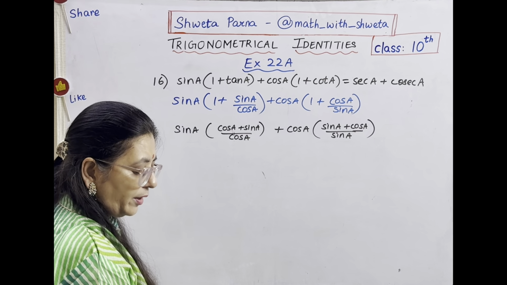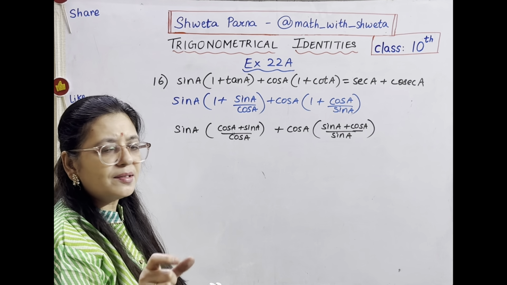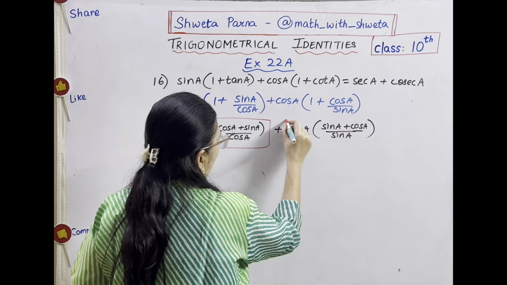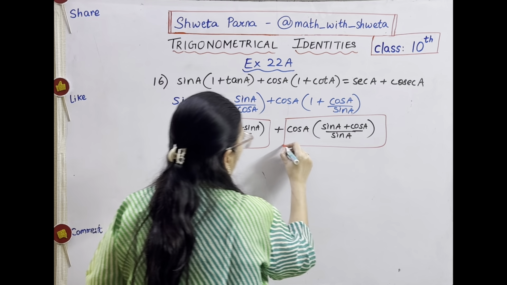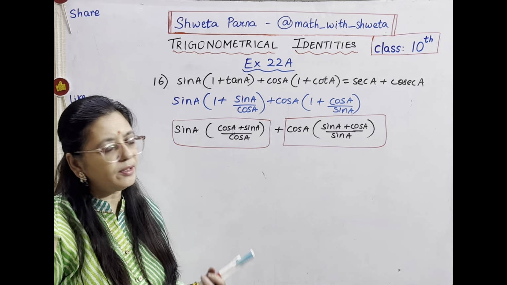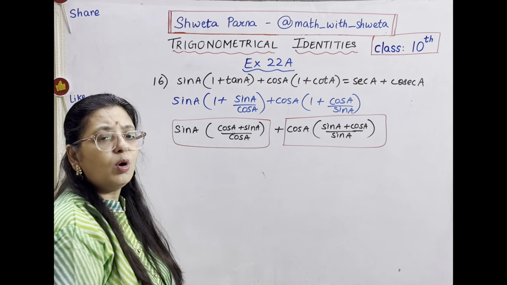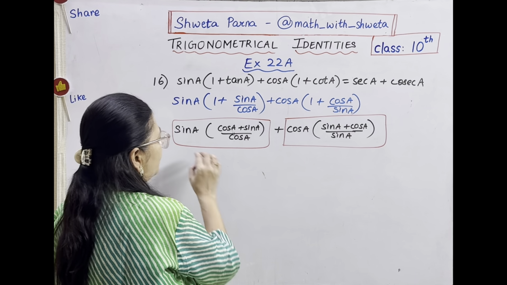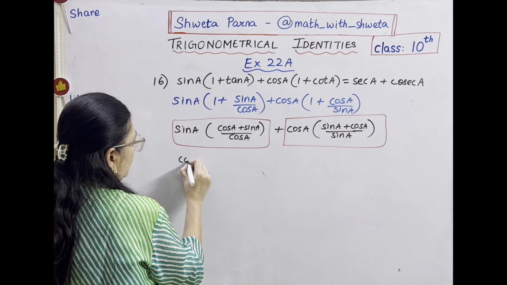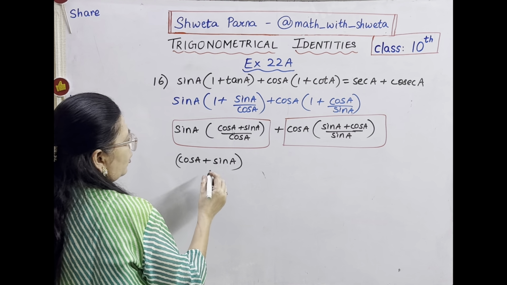Okay. Now children, always remember in algebra, the terms are separated either by a plus sign or a minus sign. This is one term and this is another term. What common factor do you find? You can open the bracket and do it. Yes, you can do it. You will ultimately get the same answer. But I will take the common factor. What is the common factor in both? It is cos A plus sin A. This is the common factor.